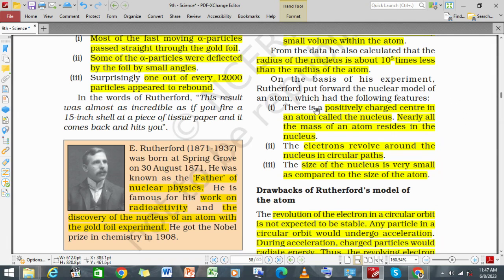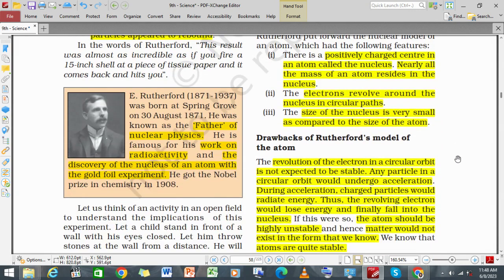Nearly all the mass of an atom resides in the nucleus. This was his observation, and the electrons revolve around the nucleus in a circular path. The size of the nucleus is very small compared to the size of the atom.